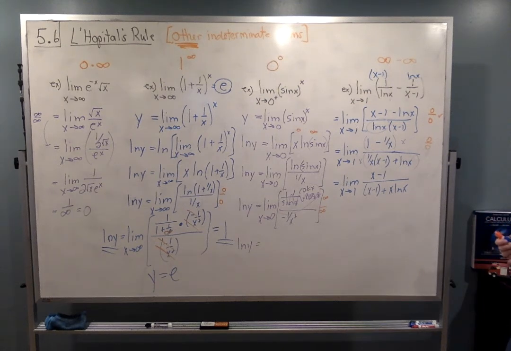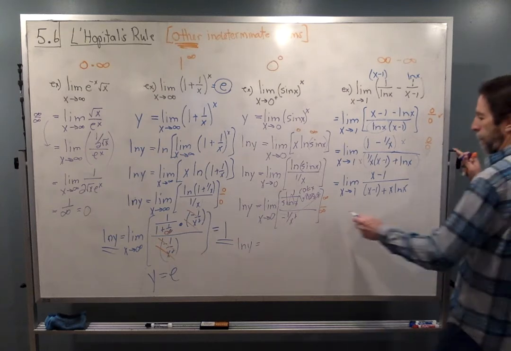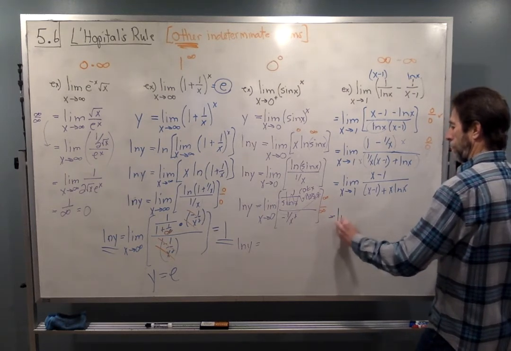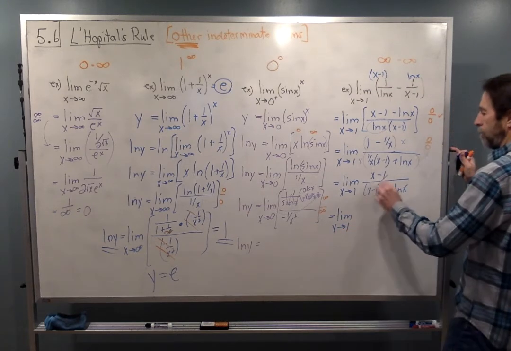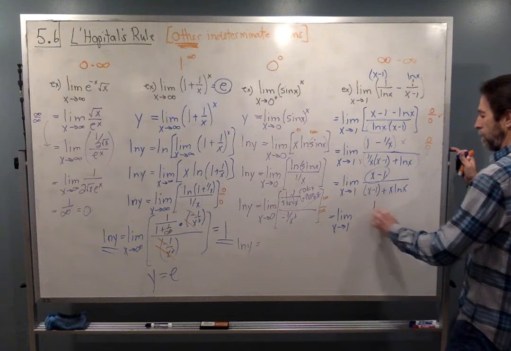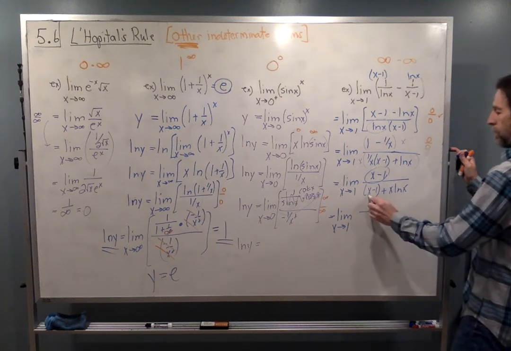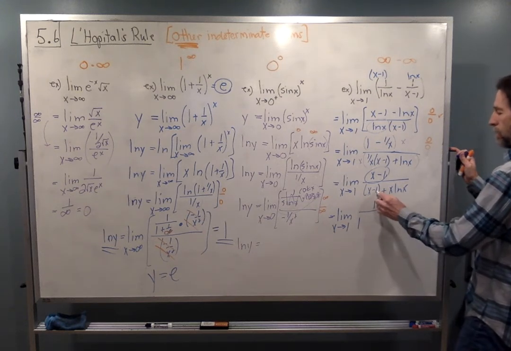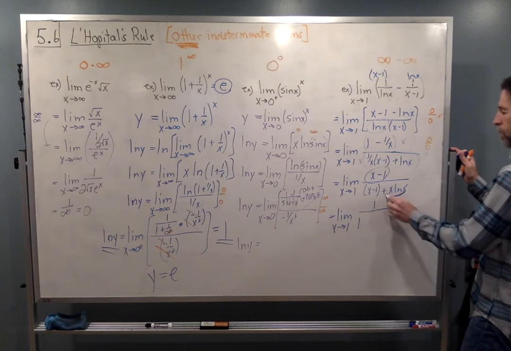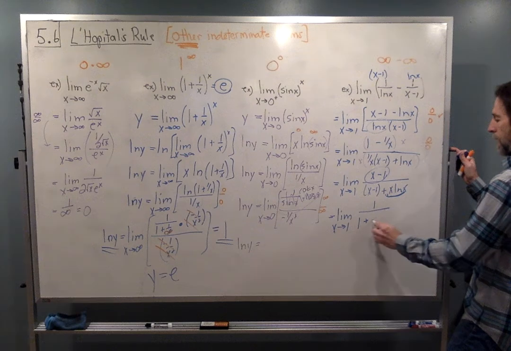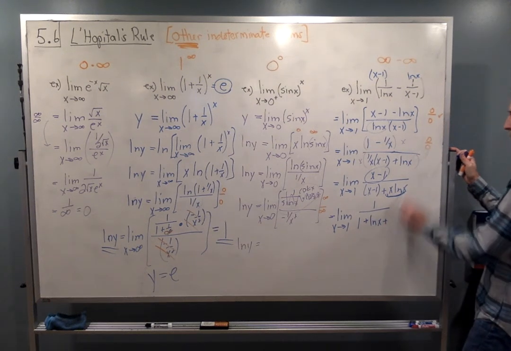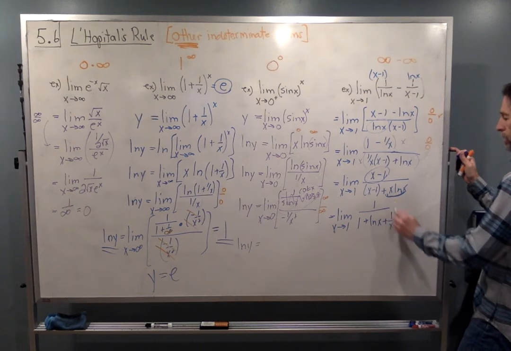But now at this point, I can go ahead and use L'Hopital's rule again. Derivative of x minus 1 is 1. Derivative of this x is 1. That's 0. Here I have a product rule. Derivative of the first is 1 times the second, plus the derivative of the second, which is 1 over x times the first.